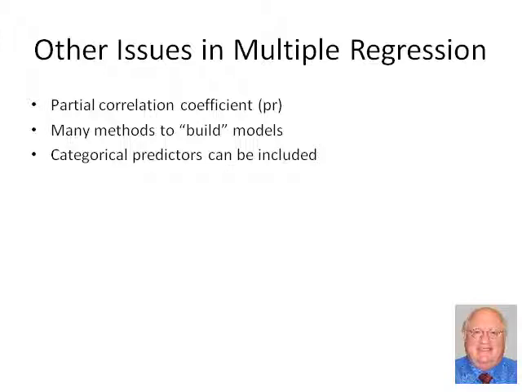Finally, multiple regression models can include categorical variables as predictors and evaluate their effect on the criterion right alongside the contribution of predictors using interval or ratio scales of measure.